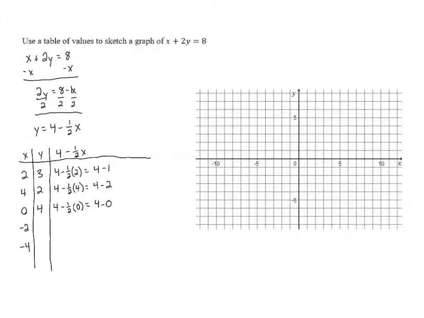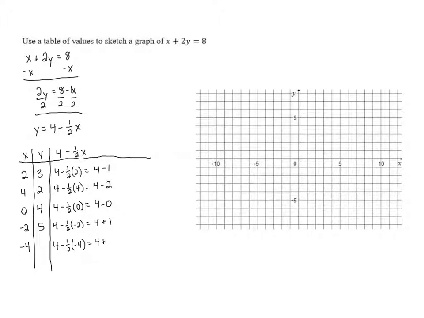Then we're going to plug in the negatives. We have 4 minus 1/2 times -2. A negative times a negative is a positive, so this is going to be 4 plus something. 1/2 times 2 is 1, so it's going to be 4 plus 1, which is 5. And then lastly, we have 4 minus 1/2 times -4. Again, the subtraction and the negative will cancel.